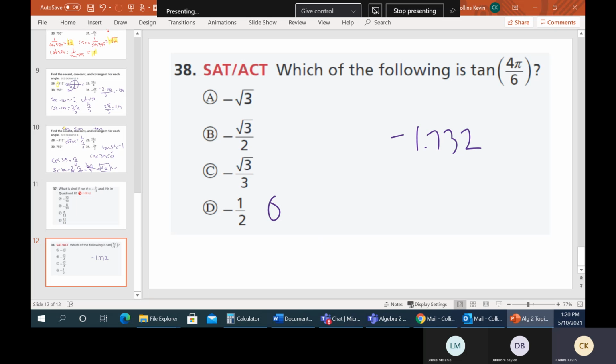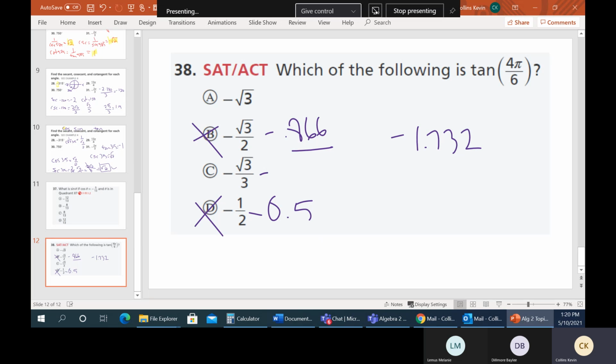Well, we know this is minus 0.5, so it's not that one, right? Minus the square root of 3 over 2, that's minus 0.866. It's not that one, right? And then we've got minus the square root of 3 over 3. It's going to be even smaller than this one.